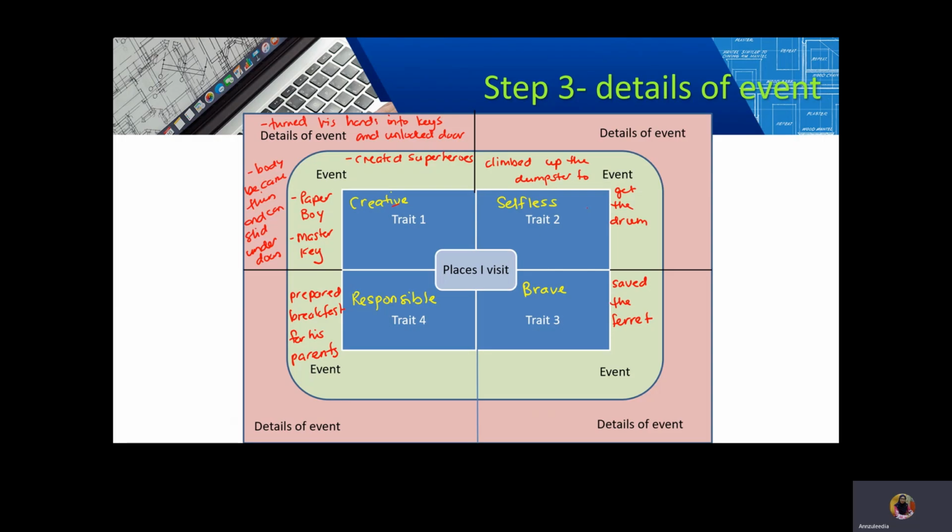All right. So maybe I can do the next one. Selfless, climb up the dumpster. So you need to give a little bit of detail about the event. So Cecil called him, I think he's using his walkie-talkie.